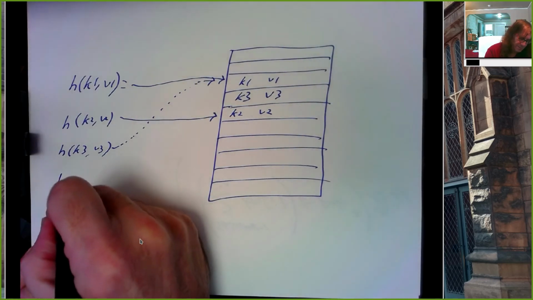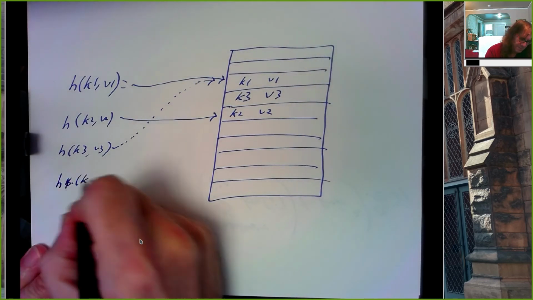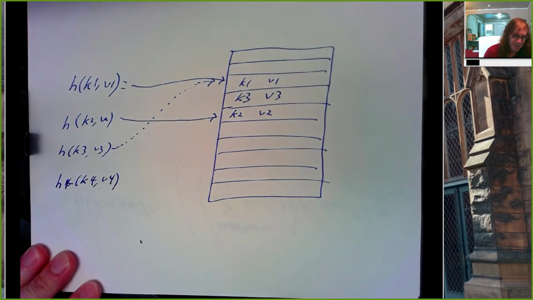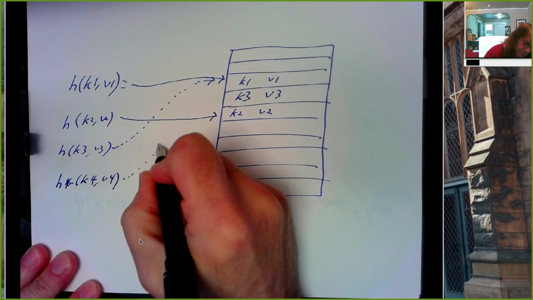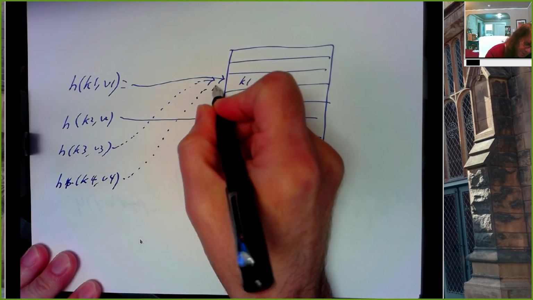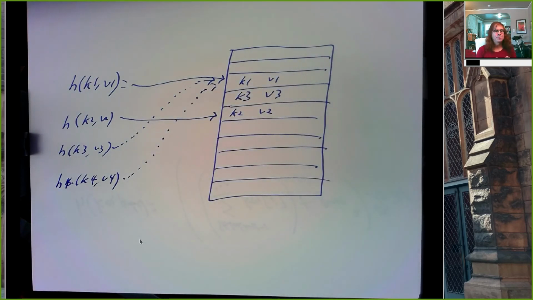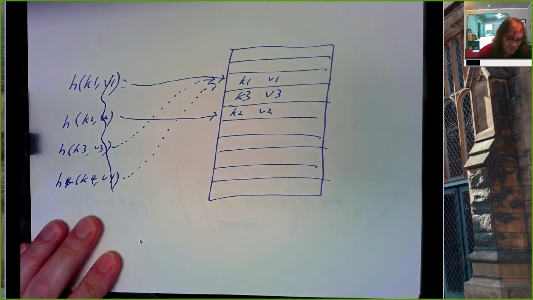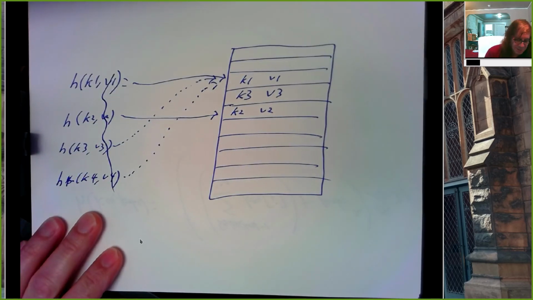Now, let's hash key 4. And suppose key 4 also wants to go into the same location. Alright, we're going to get a collision with key 1. So we're going to rehash.